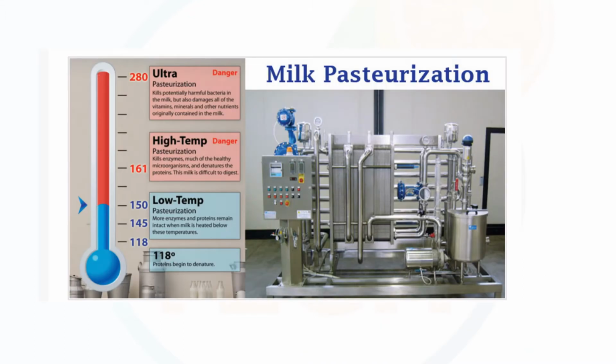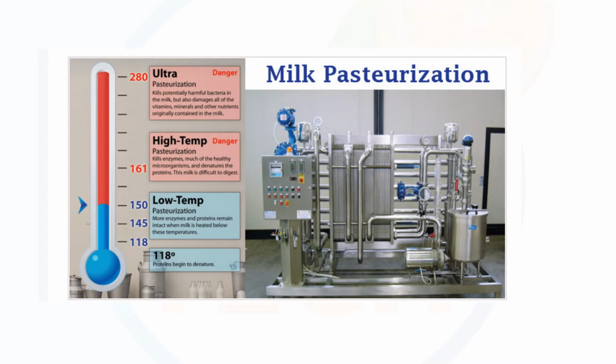As seen in the diagram, there is low temperature pasteurization, high temperature pasteurization, and ultra temperature pasteurization. Protein is denatured at 118 degrees Celsius. In low temperature pasteurization, more enzymes and proteins remain intact when milk is heated below this temperature.